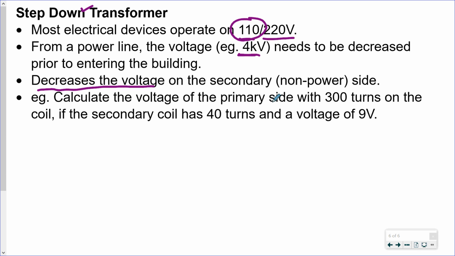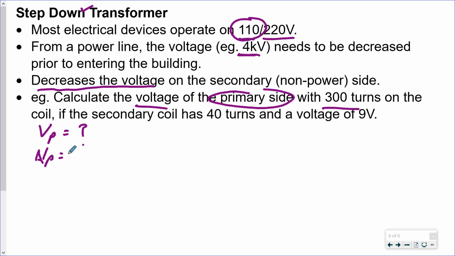So here we have: calculate the voltage on the primary side. Voltage on the primary side is what we're being asked for. That is our required information. We're given the number of turns, 300 turns on the primary side.